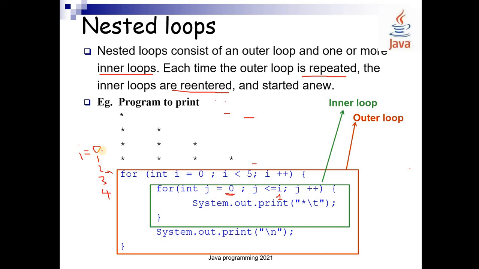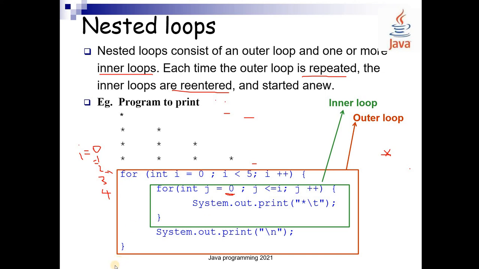So when i equals 0, you enter the inner loop, and the maximum value of j will also be 0. There is one possible iteration, and that one will print 1 asterisk. When i equals 1, j will start from 0, and the maximum value for j will be 1.